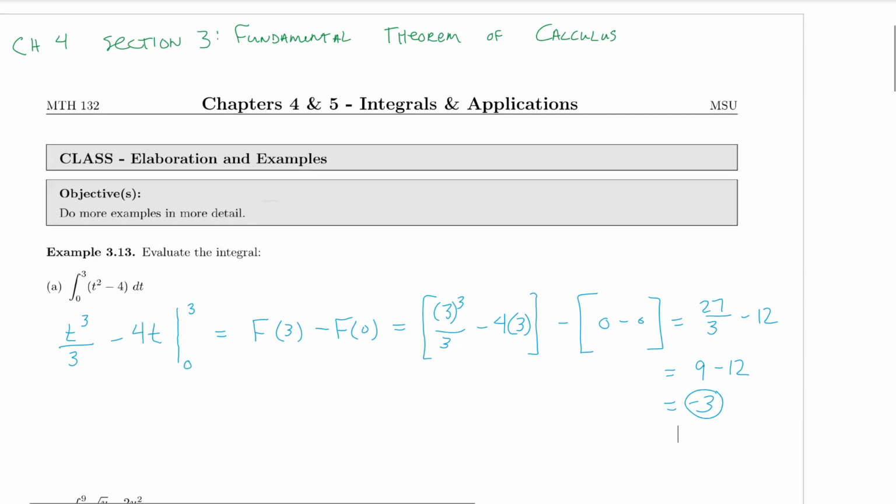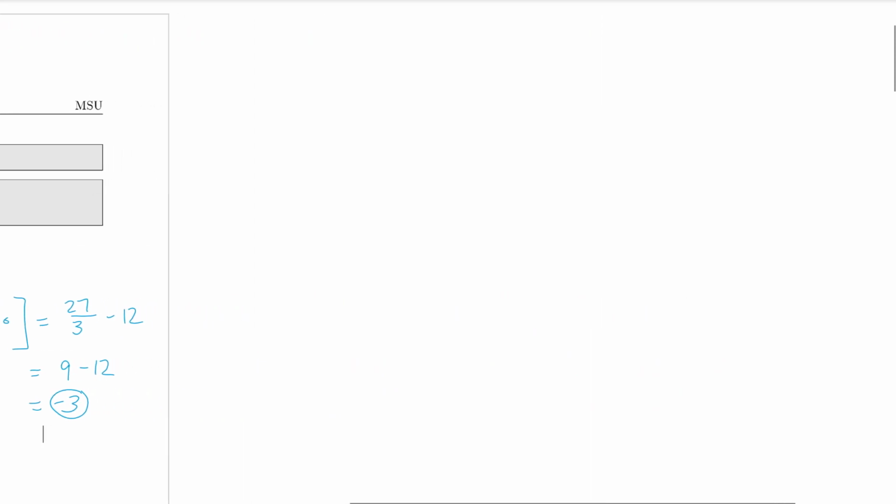So let's scroll over here and just do a quick minute to explain how everything fits together. The last 3 sections all had to do with finding the area under a curve.